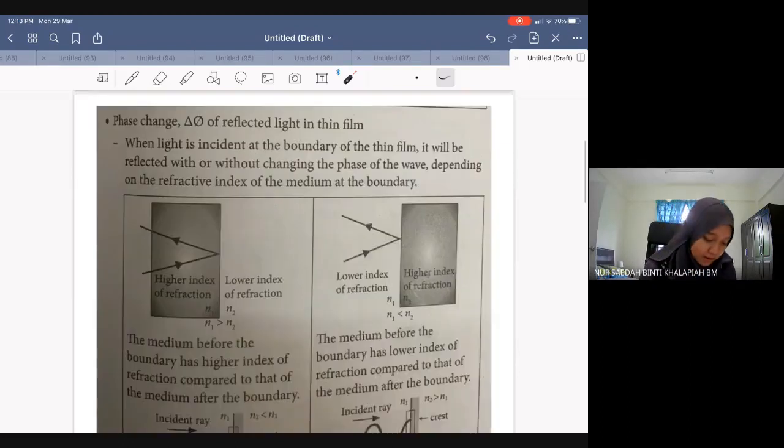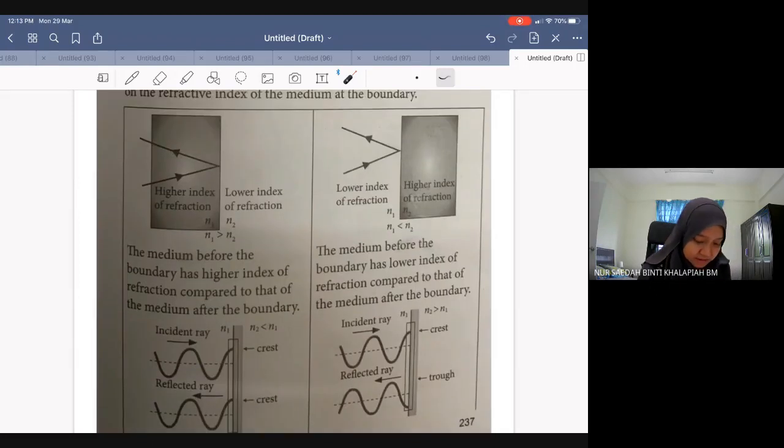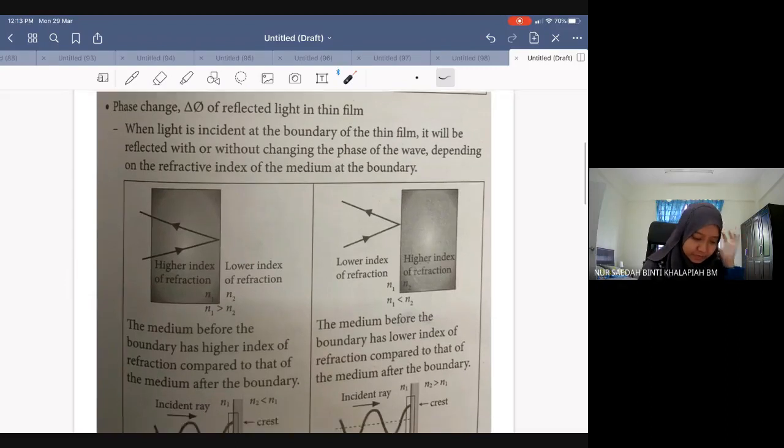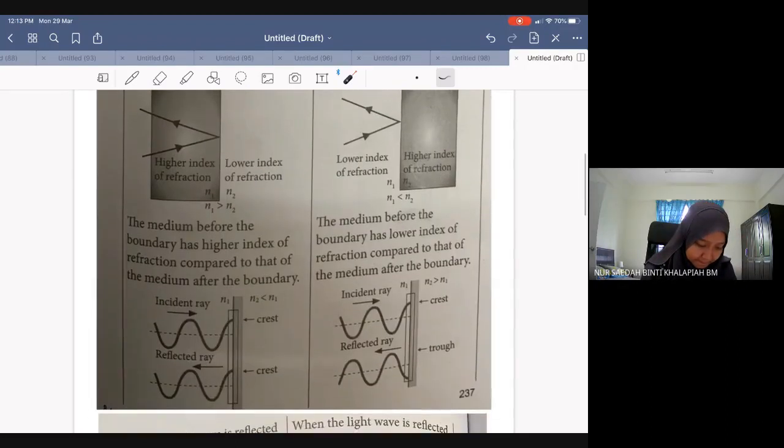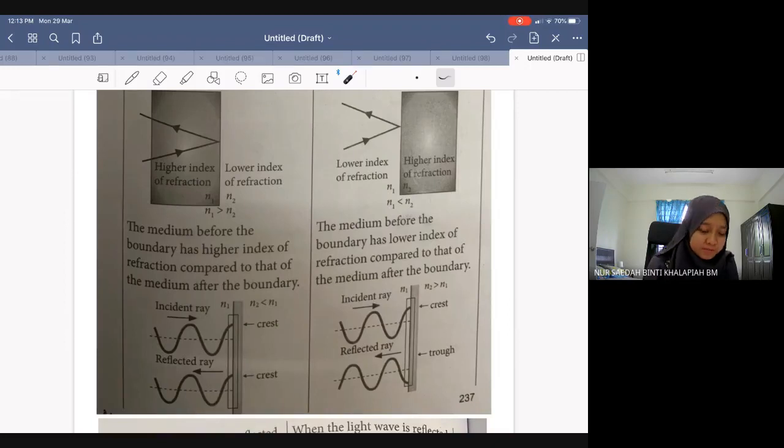We look at the bottom part only. When light, for example an incident ray here, travels in the first medium N1 and goes to the boundary of the second medium, if N2, the refractive index of the second medium, is less than the first medium, it means the second medium is less dense than the first medium.